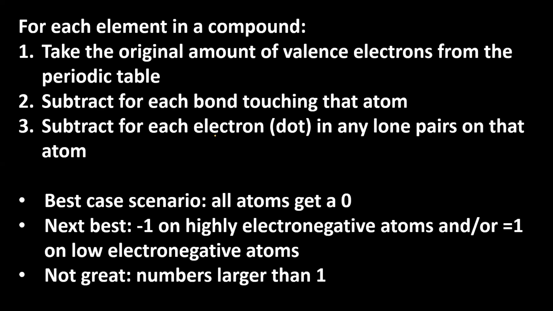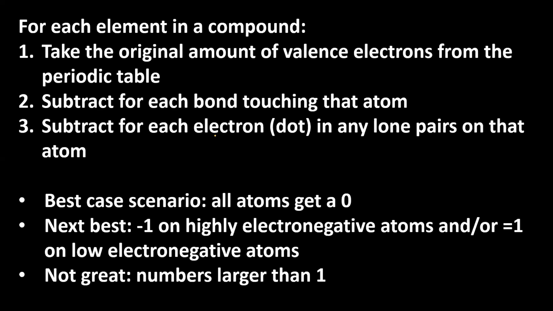If that doesn't work, then I'm looking for getting negative ones on highly electronegative elements, elements close to fluorine. So fluorine, oxygen, chlorine, maybe nitrogen and sulfur. If they end up with negatives, that's pretty good. Or positives on elements far away from fluorine. That would be okay too.